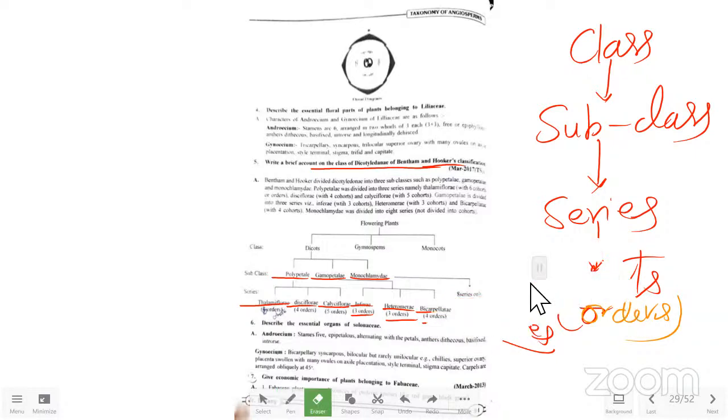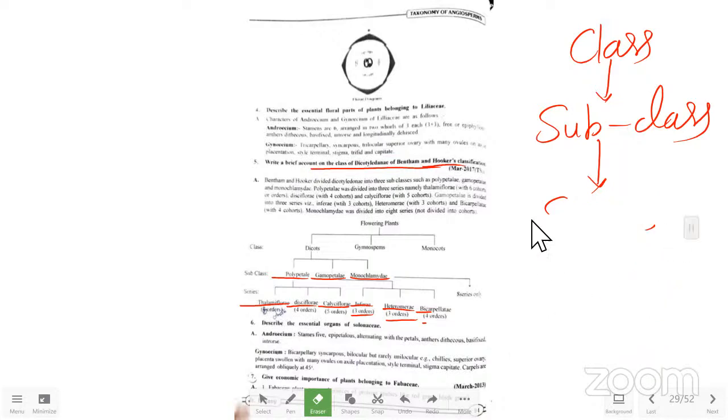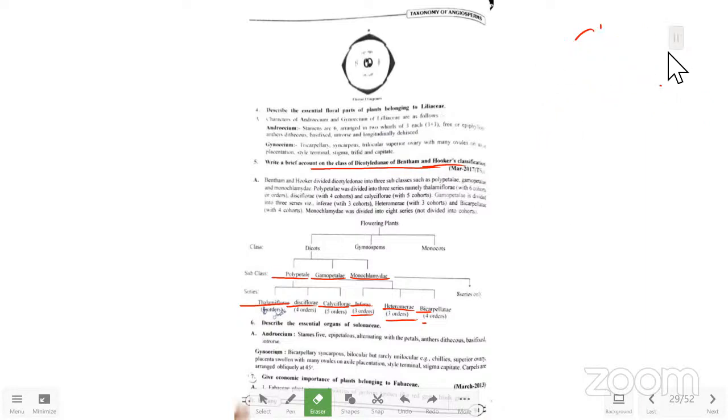So here what we have to write: the class Dicotyledonae is divided into subclasses, and the subclasses into series and cohorts. The Dicotyledonae class is having 3 subclasses: the Polypetalae, Gamopetalae, and Monochlamydeae.